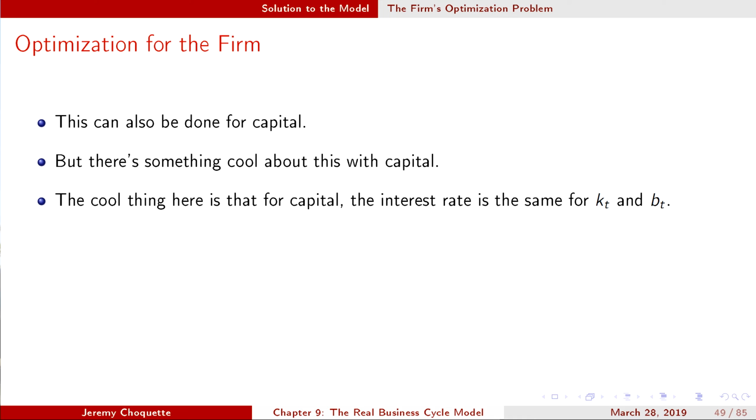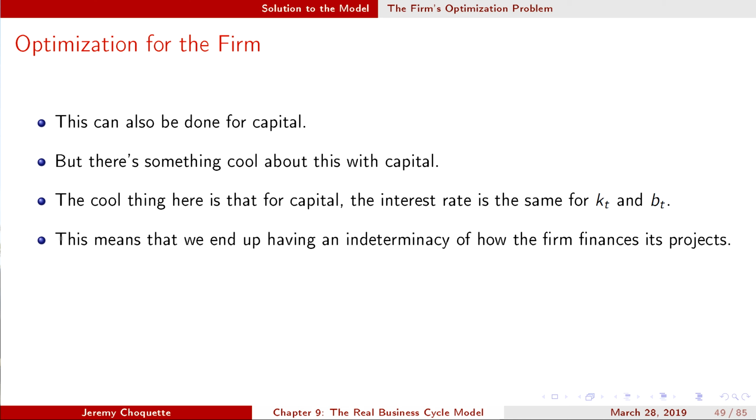But there's something cool about this with capital, and it's that the interest rate is the same for K and B. Maybe I made a little bit of a boo-boo earlier, but this is actually more of an assumption than a boo-boo.